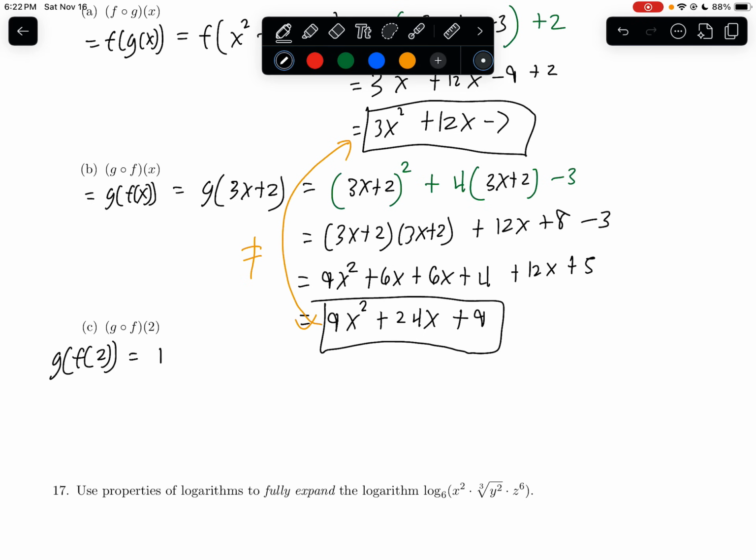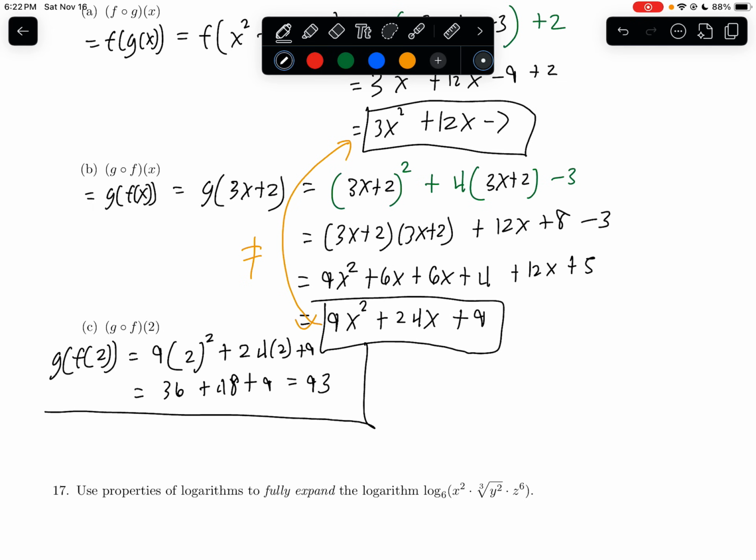And so what this means is that I'm putting 2 into the function that I just found. 9 times 4 is 36. 24 times 2 is 48. 36 plus 48 plus 9 gives me 93.